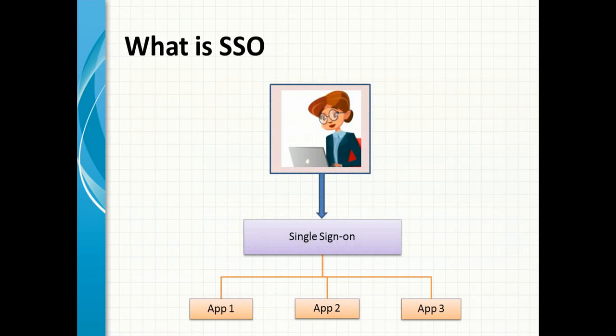So what is SSO? Single sign-on lets a user access authorized network resources with one login. Let me give you a daily life example. We know that a hotel has many rooms and each room has a different key. But it's hard for room service or the hotel manager to use a particular key for each room.